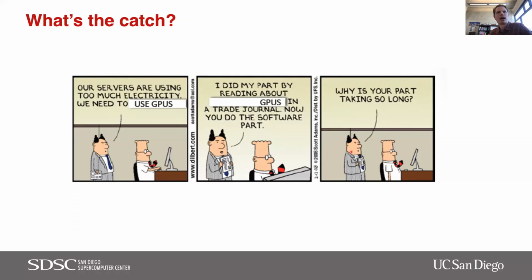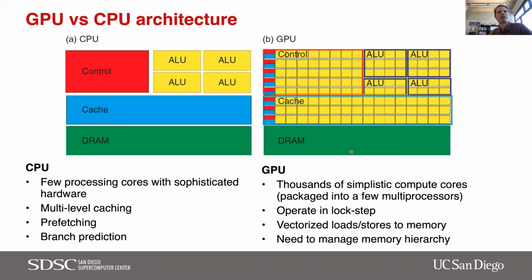It's not hard, but it's hard in the sense that you have to think about how to write data parallel algorithms. If you compare a GPU to a CPU, this is a schematic of the real estate you would have on a silicon chip.